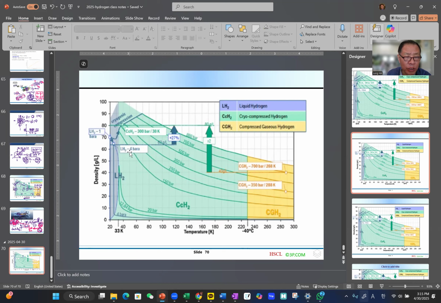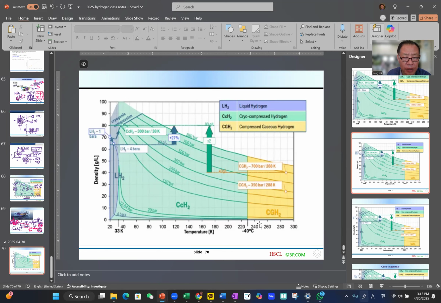LH2 is only 4 bar. It's not 1 bar, but slightly 4 bar. Then we reach a hydrogen density of about 64 or 62 gram per liter. Okay, this is the liquid.